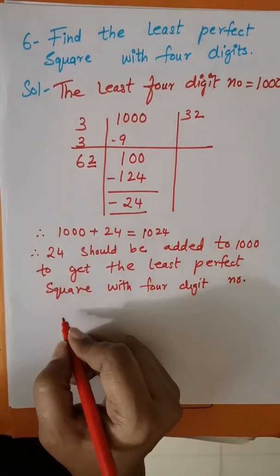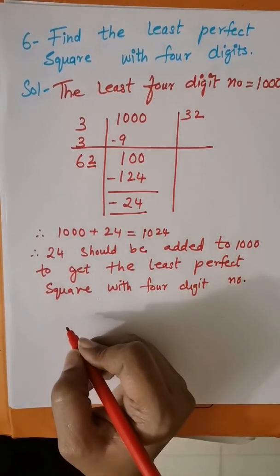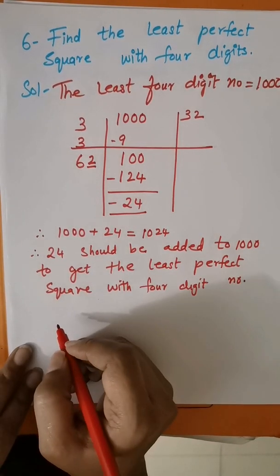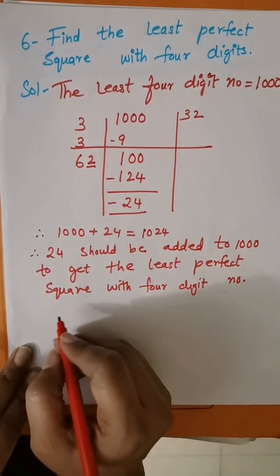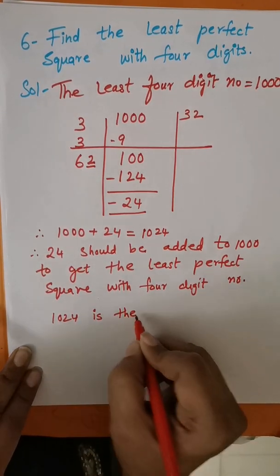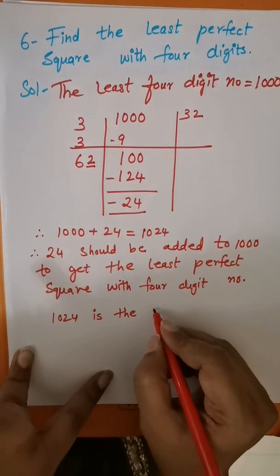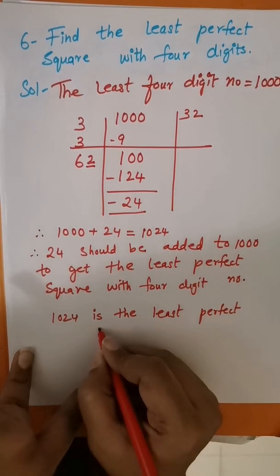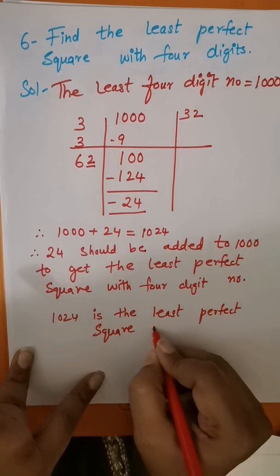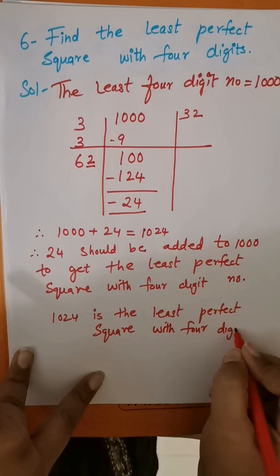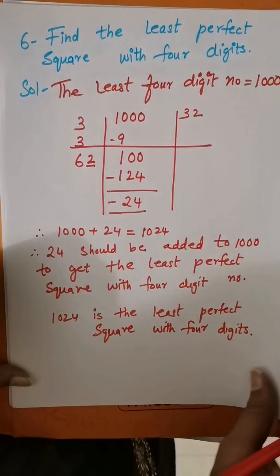So 1024 is the least perfect square with 4 digits. Okay, children.